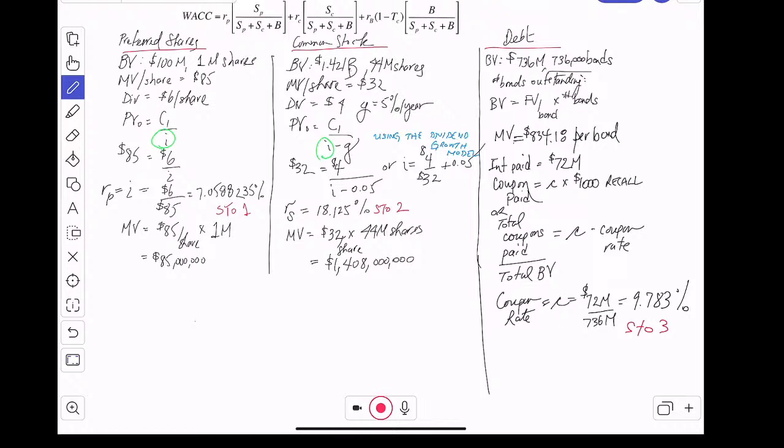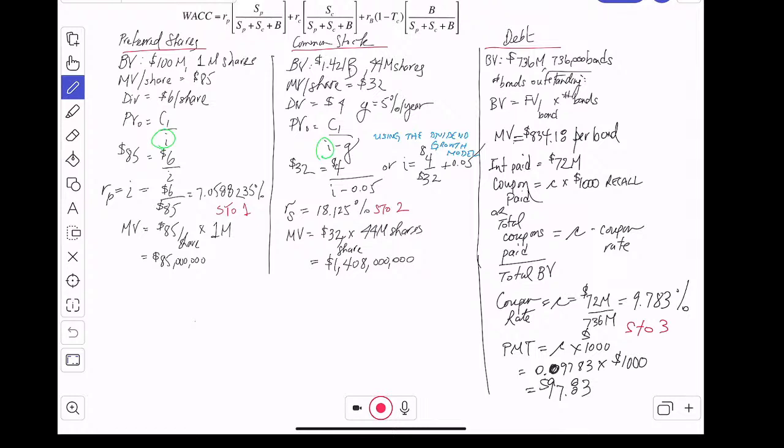So let's figure that out. So how do we find out the payment? Going back to the payment, it's equal to C times $1,000, so it's just going to be 0.09783 times 1,000, which is $97.83.